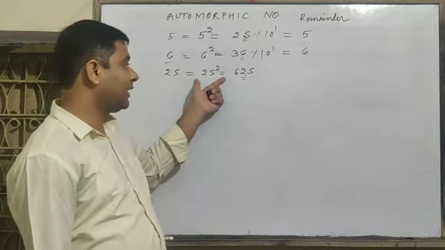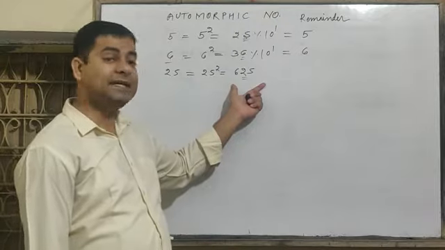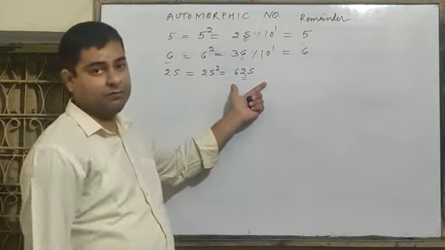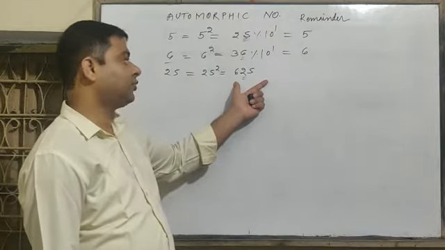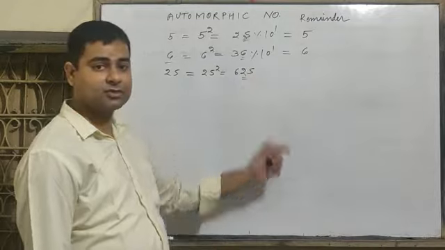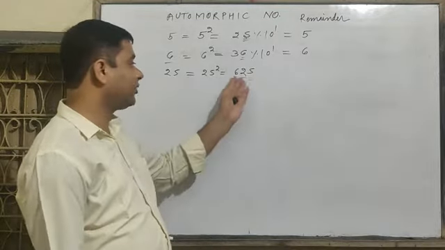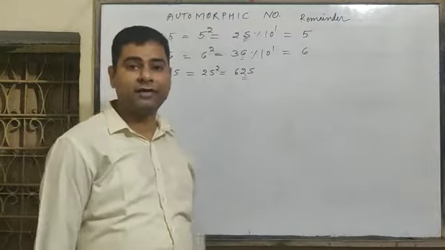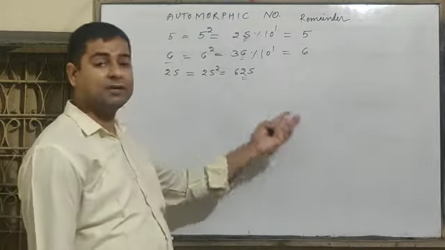So 25 square will be what? 625. How many digits will we extract from this square? 2 digits we must extract from this square. How many digits are there? 3 digits, 625. So extract 25 from this square. How would you calculate the remainder?